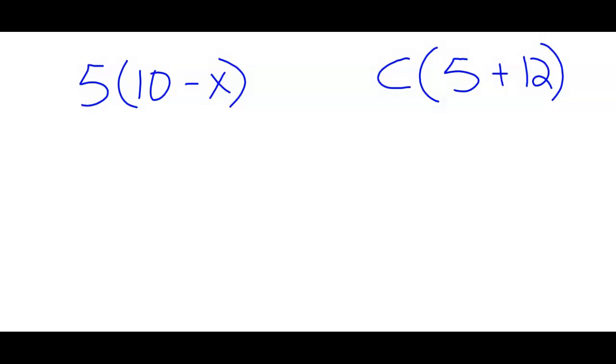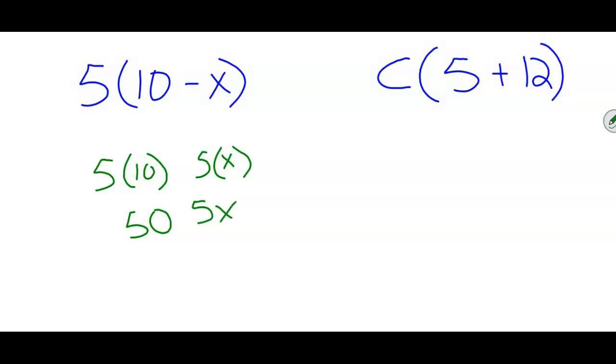What did you get? What is your answer? I did 5 open parentheses, 10 close parentheses, 5 open parentheses, x close parentheses, and then I simplified this down to 50 and 5x.